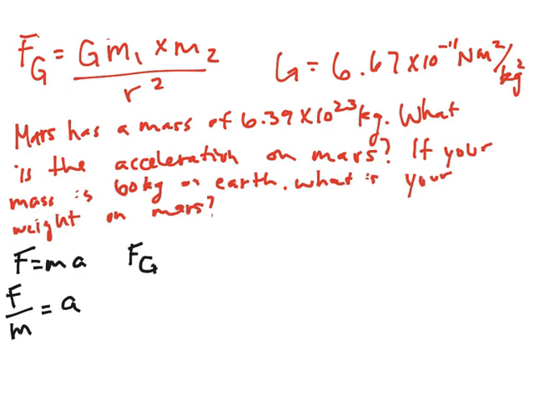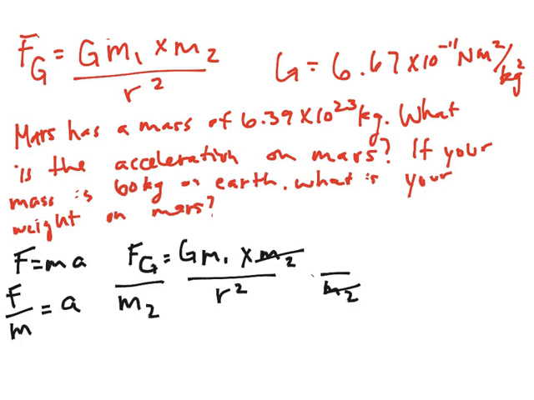So F gravity is equal to all of this extra stuff, but ultimately, if you get rid of one of the masses, as in what would your mass be, and divide it on both sides, this is now your acceleration.